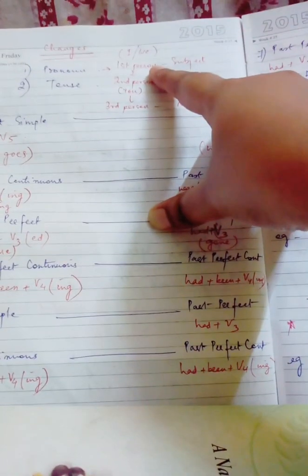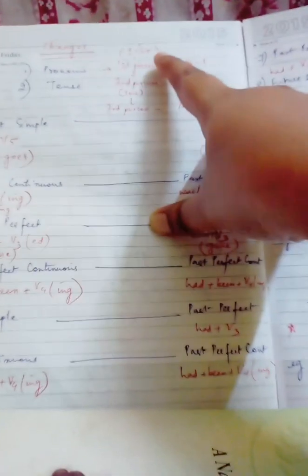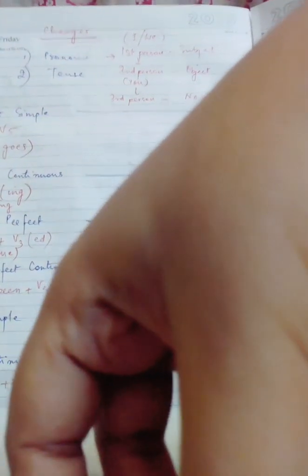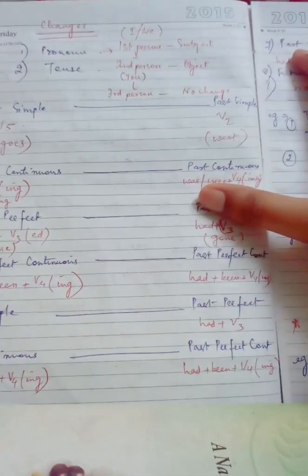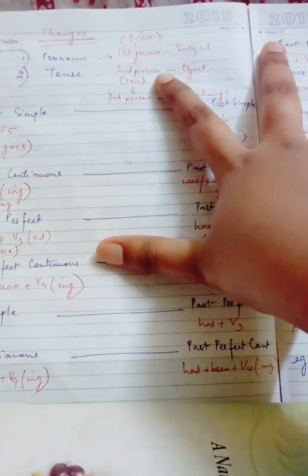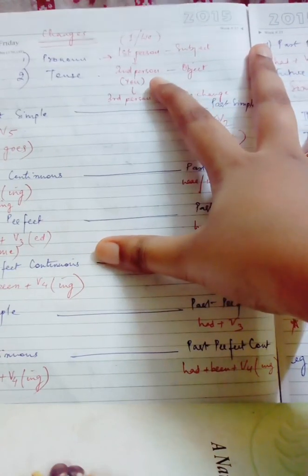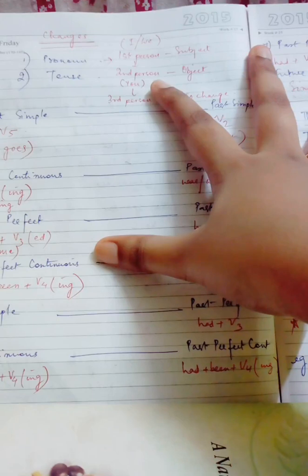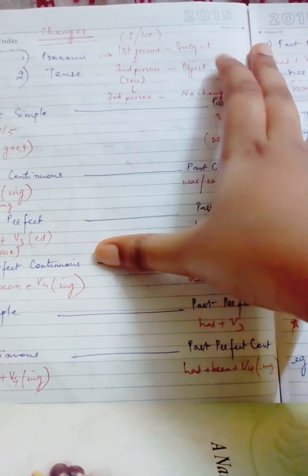So if your first person in the reported speech is an I or we, in indirect speech you will not keep it as I or we, but you will change it according to the subject. Again, if your reported speech is in second person, you, yours and all, in indirect speech you will change it or refer according to the object.